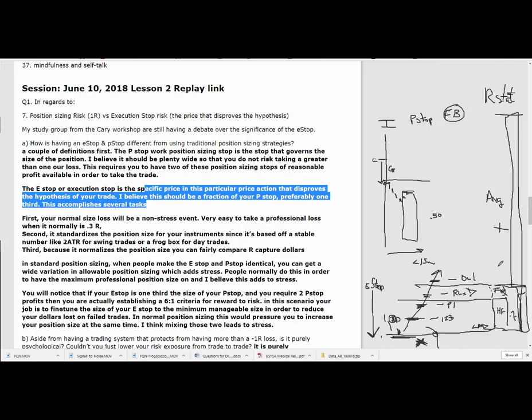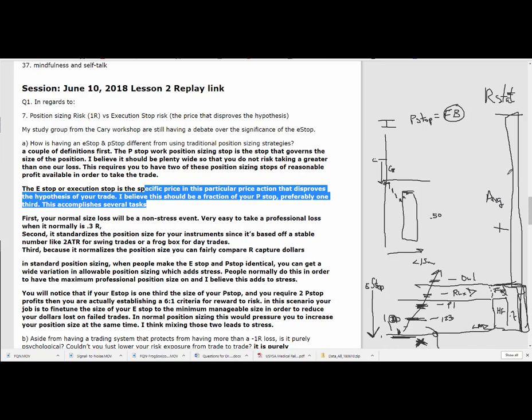Now, the point of the P stop is that no matter where I get in, I always have a constant R. My 1 R for intraday is a frog box. So the P stop is equal to a 1.0 frog box. I believe that my job is to try to get in as early as I can with enough probability of success that I can maximize my execution capture.